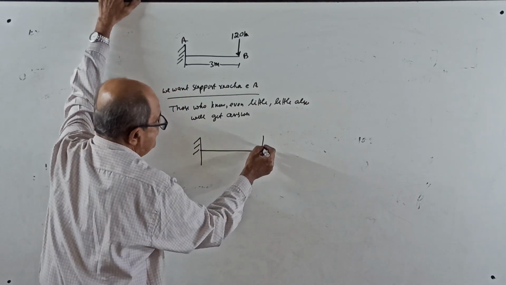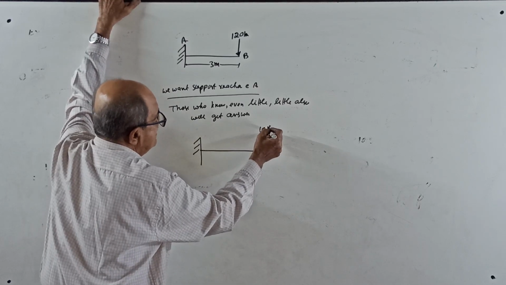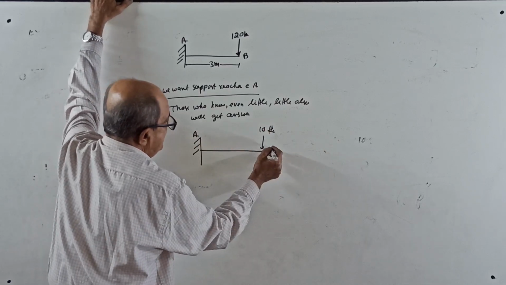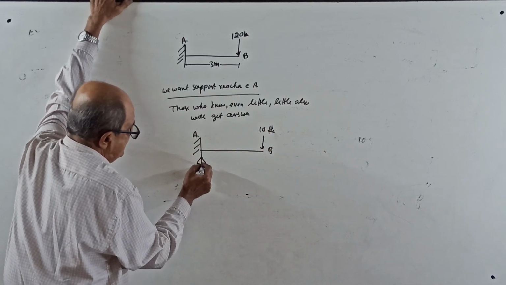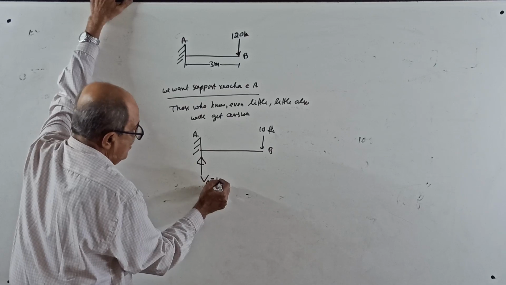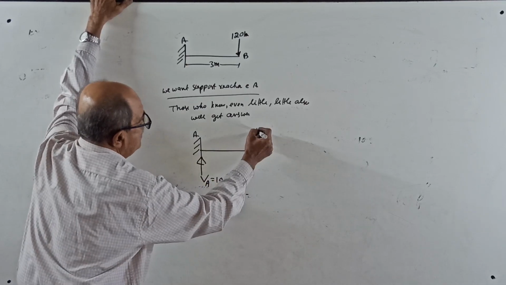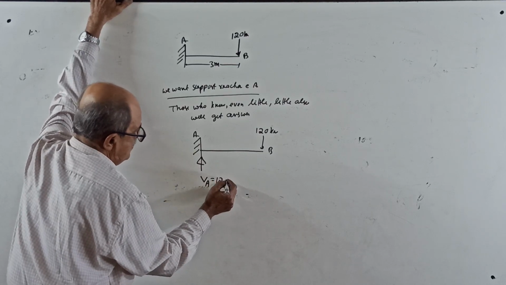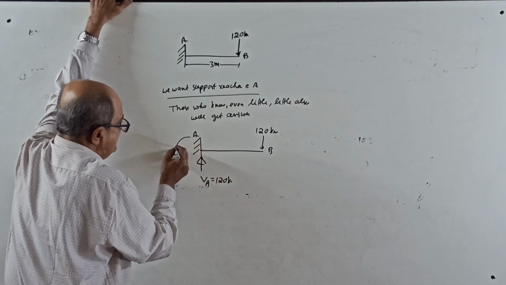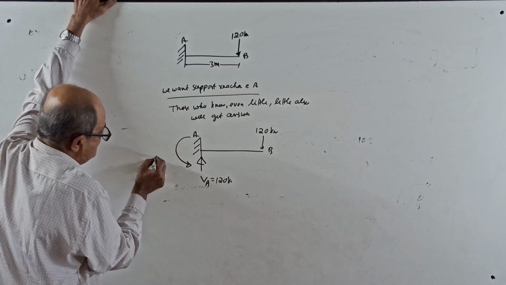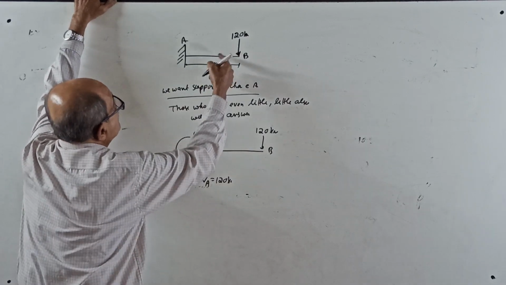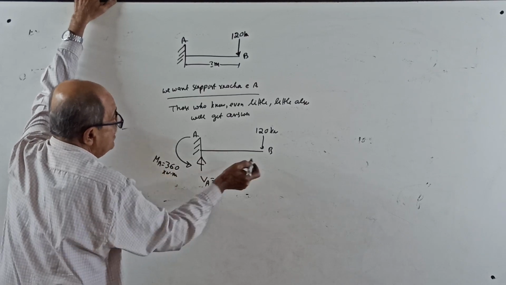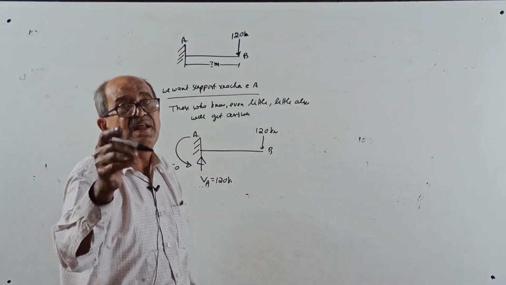If you apply a load of 120 kilonewton here at B, they will tell you there is a vertical reaction VA of 120 kilonewton, and an anti-clockwise reacting moment MA of 360 kilonewton meter. This you will get later in engineering mechanics.